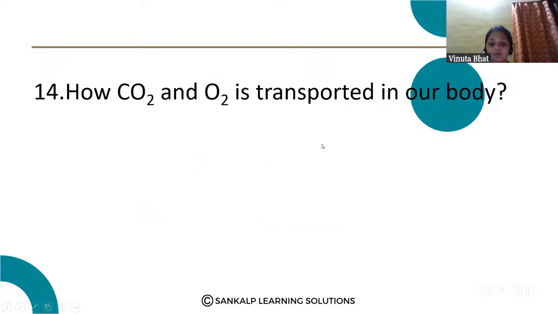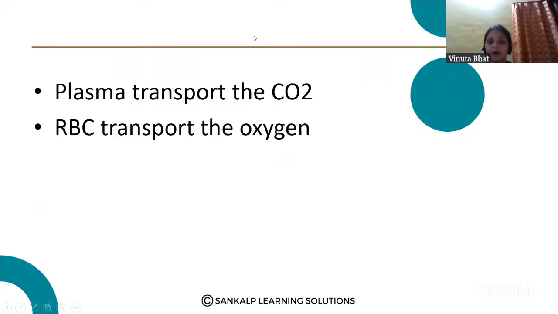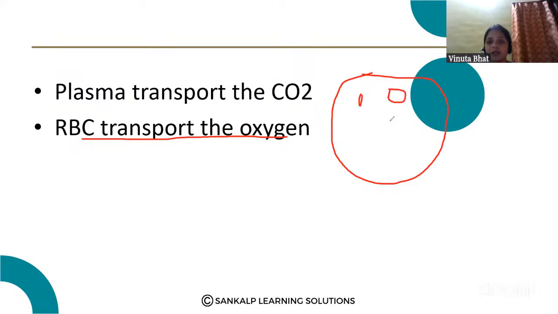Next question. How are CO2 and O2 transported in our body? Carbon dioxide is transported with the help of the plasma, and RBC transports the oxygen. Just imagine this is the blood, which contains the plasma, and inside the plasma WBC, RBC and platelets are suspended.